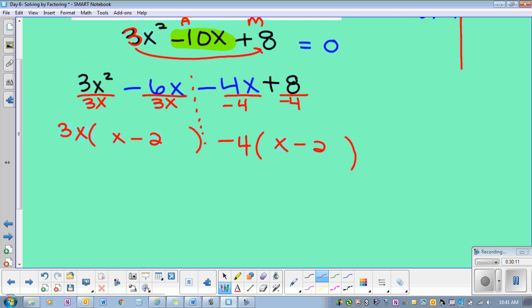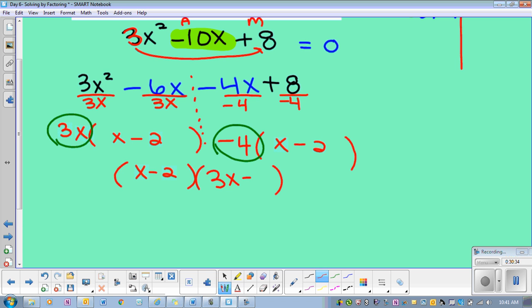It better match. That's how you know that you did it right. And then you can go into your double parentheses. The matching ones go in one of them. And then the GCD's going on there. And then these guys go in the other one. And all of this is equal to 0.